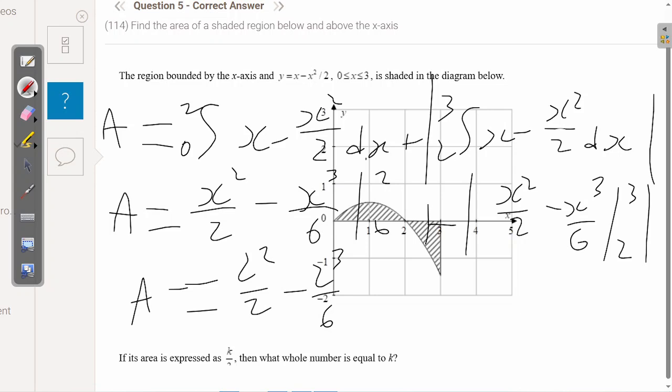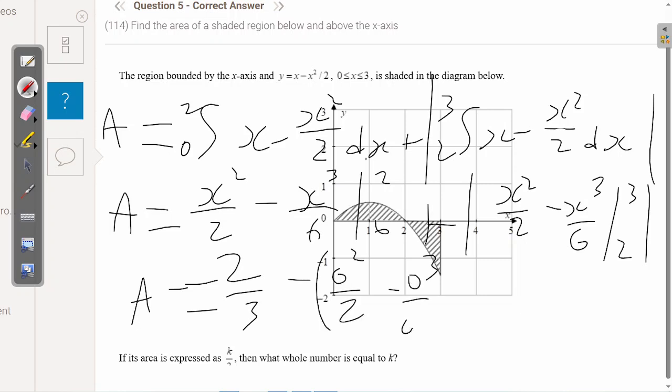This will be 2 over 3, minus 0 squared over 2 minus 0 cubed over 6.